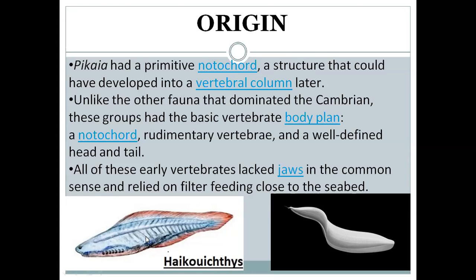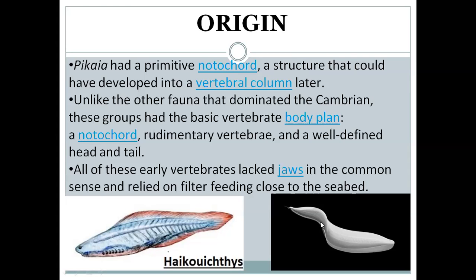By undergoing some changes, which lead to the development of vertebrae, the ancestors Haikouichthys and Pikaia appear like cyclostomes, like cephalochordates and urochordates.